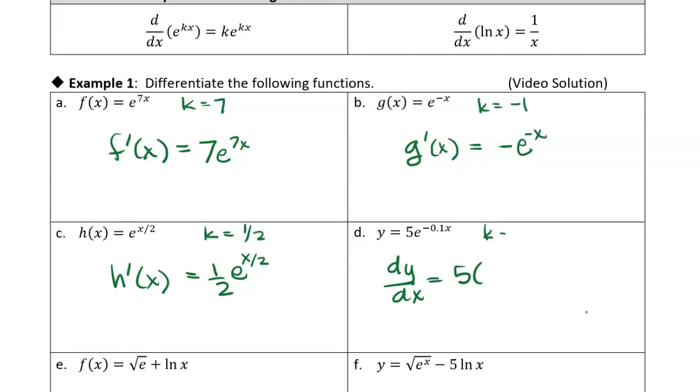Here k is equal to -0.1. So we take that times -0.1, and then times e to the -0.1x. Now I could rewrite that, or maybe you write it this way to begin with: 5 times -0.1 is just going to be -0.5 e to the -0.1x.